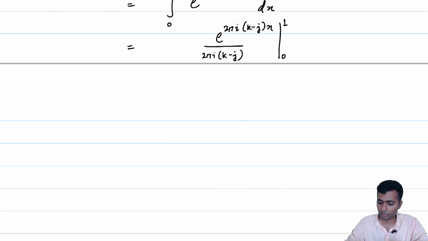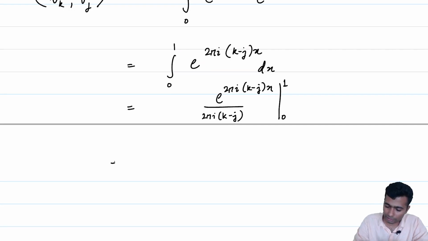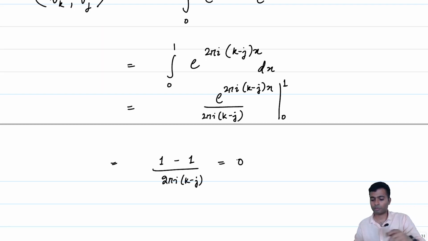This is exactly what the integral will turn out to be. And you can check that this is just 1 minus 1 divided by 2 pi i (k minus j), which is equal to 0. The first one comes because e to the power 2 pi i times any integer is 1, and e to the power 0 is also 1. So the second one is from e to the power 0, and this is equal to 0.